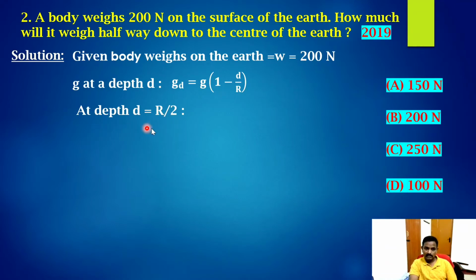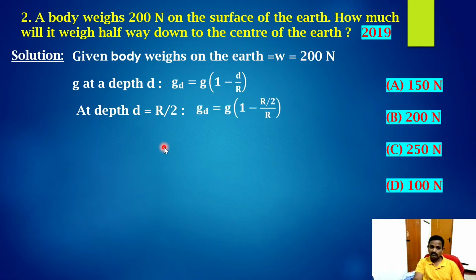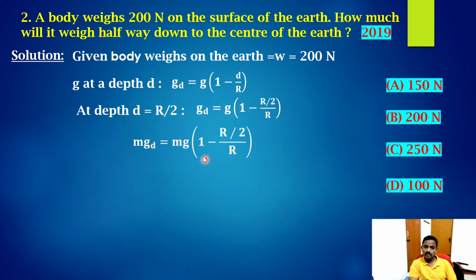So at depth d equal to R by 2, we will get g at depth d is equal to g bracket 1 minus, in place of d we substitute R by 2, divided by R. On both sides I multiplied with m. Why? Because we have to calculate weight at depth d, so that's why I multiplied both sides with m.